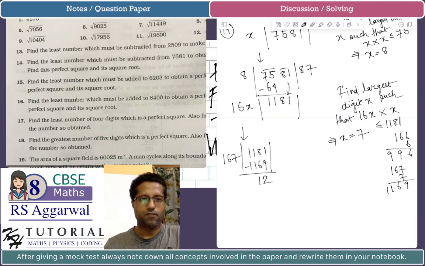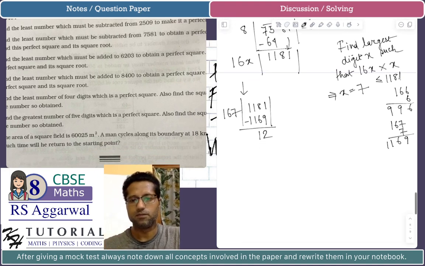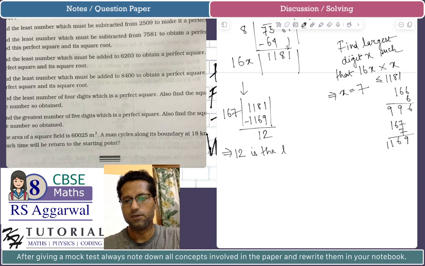So it is asking to find the least number. Therefore this implies 12 is the least number to be subtracted.